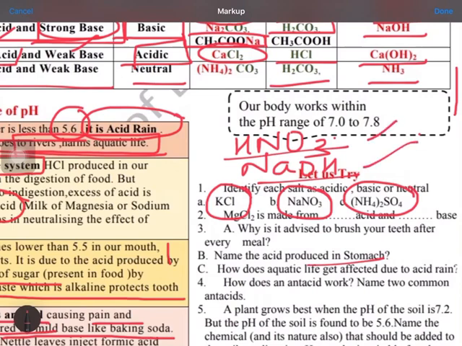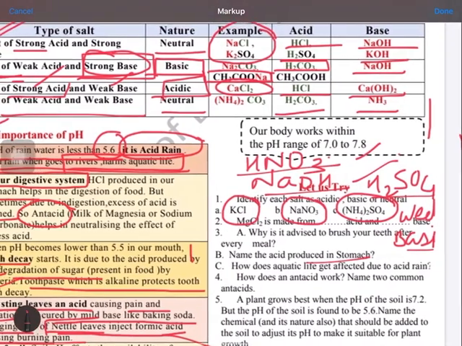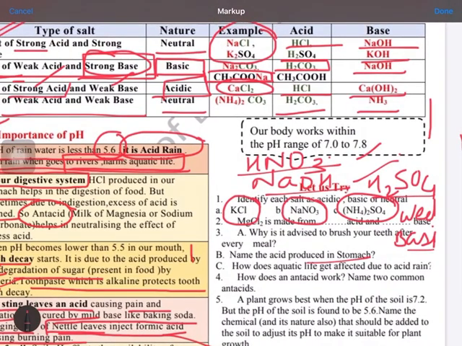Ammonium sulfate. In case of ammonium sulfate, we are having strong acid but weak base, so it will be acidic in nature, because we are having sulfuric acid H2SO4, so that's why it will be strong acid and weak base will be there.